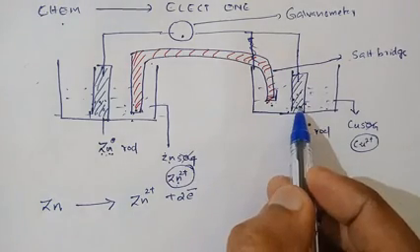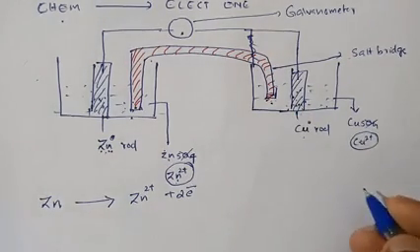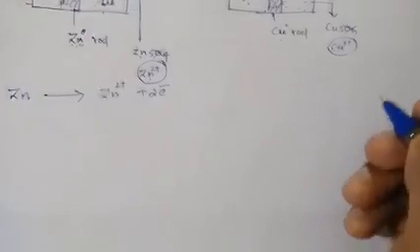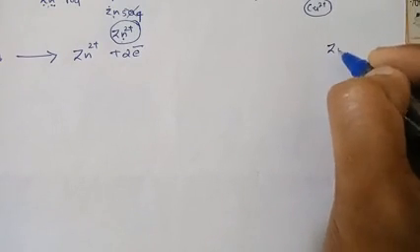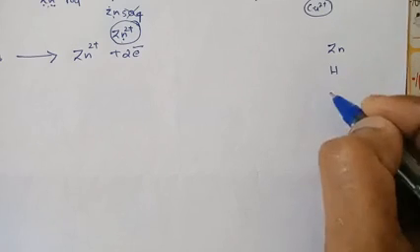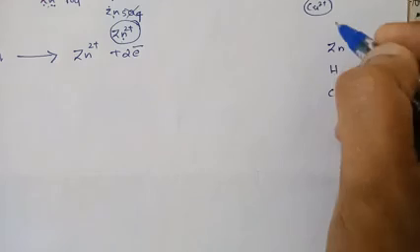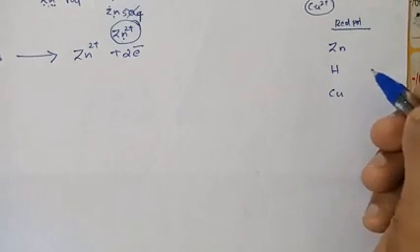What happens to copper? Okay, you have to study about the series first, then only you can understand what is meant by this. The important terms in this series are zinc, hydrogen and copper. Clear? This is the reduction potential series.